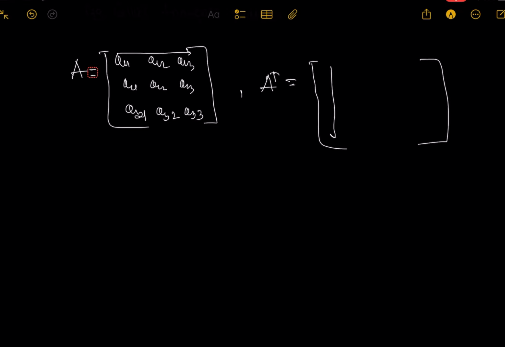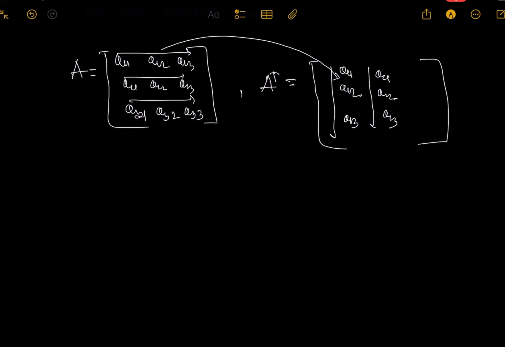Here this row goes to this column, so A11, A12, A13. The second row goes to the second column, A21, A22, A23. The third row goes to the third column, A31, A32, A33.